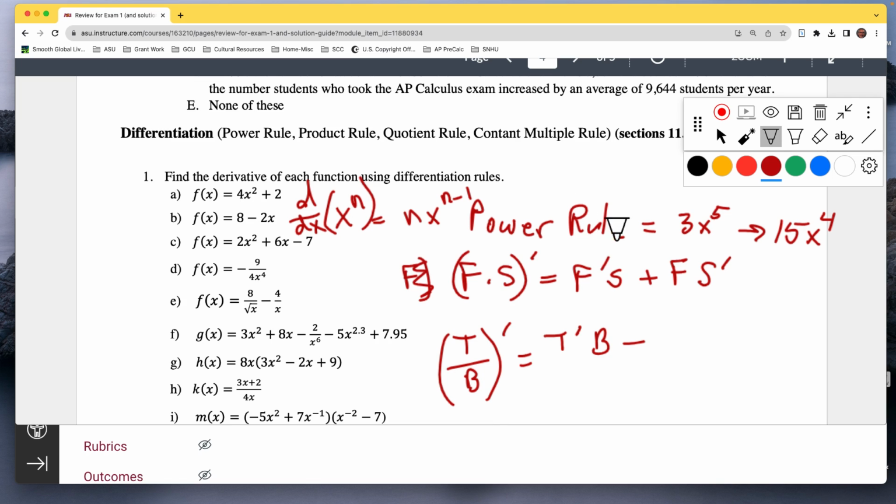So that's where that negative comes from. T times derivative of b. And remember, whenever we had something in the bottom, when you took its derivative, it was negative 1. So when you take its derivative, negative 1 minus 1 is negative 2. We end up with a bottom squared. Okay, so it's not that you have to know all the way, but think about what happens when we take the derivative of a fractional item, and that helps you remember it.